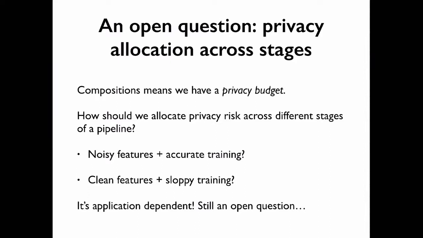There's a total cap of the epsilon and delta that I'm allowed to use. Maybe the lawyers tell me that I should choose this epsilon delta. Remember, I'm not going to tell you what epsilon and delta to choose. It's not my place. If you're given a total epsilon and delta, the question is how do you allocate across the different stages of your pipeline where you're going to incur more privacy risk? And this is not trivial.